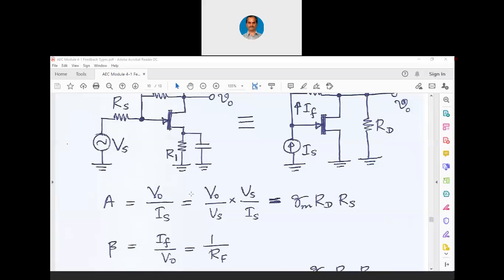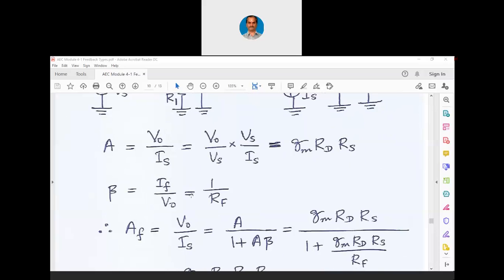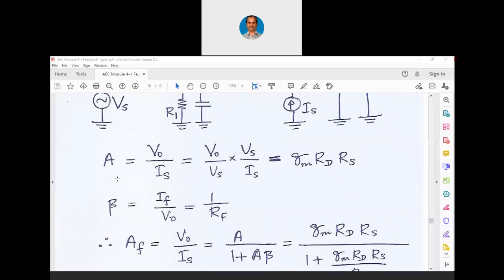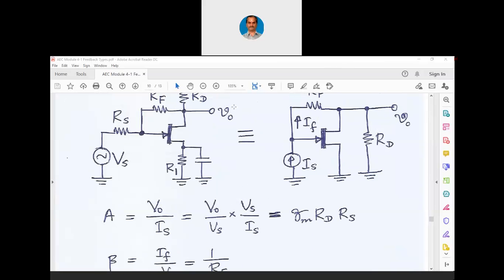I think I have made a mistake here. Yes, I have made a mistake here. AF is V0 by Vs. It is not V0 by Is. We should take it this way. Let me correct it in my notes also later on. AF is equal to V0 by Vs. That is correct now, because output is V0 here, input is Vs here.